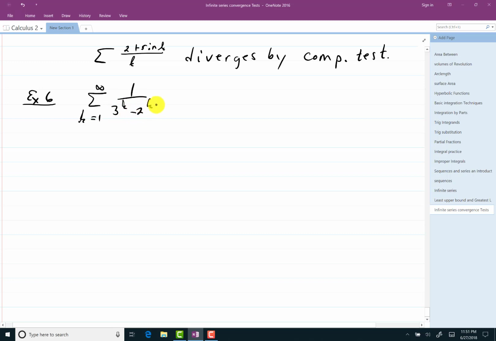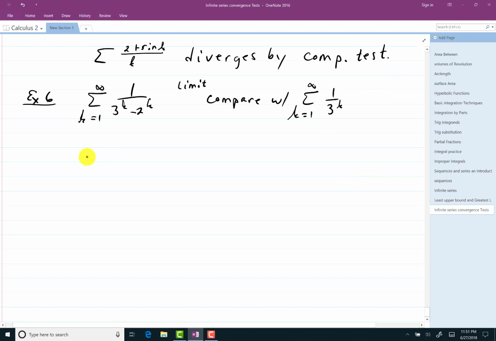Now this is interesting. The 3 to the k grows much quicker than the 2 to the k. So since 3 to the k is sort of like a highest power, if you will, this 2 to the k is insignificant in comparison to the 3 to the k. So my point is I'm going to limit compare with the series k equals 1 to infinity of 1 over 3 to the k, which you know converges because it is a geometric series where the base is less than 1.